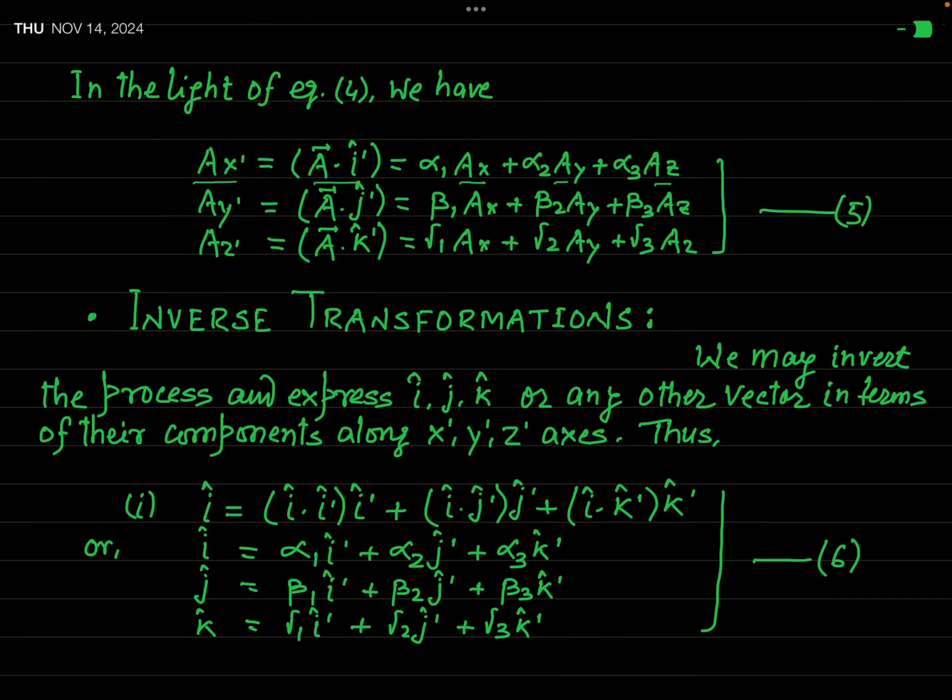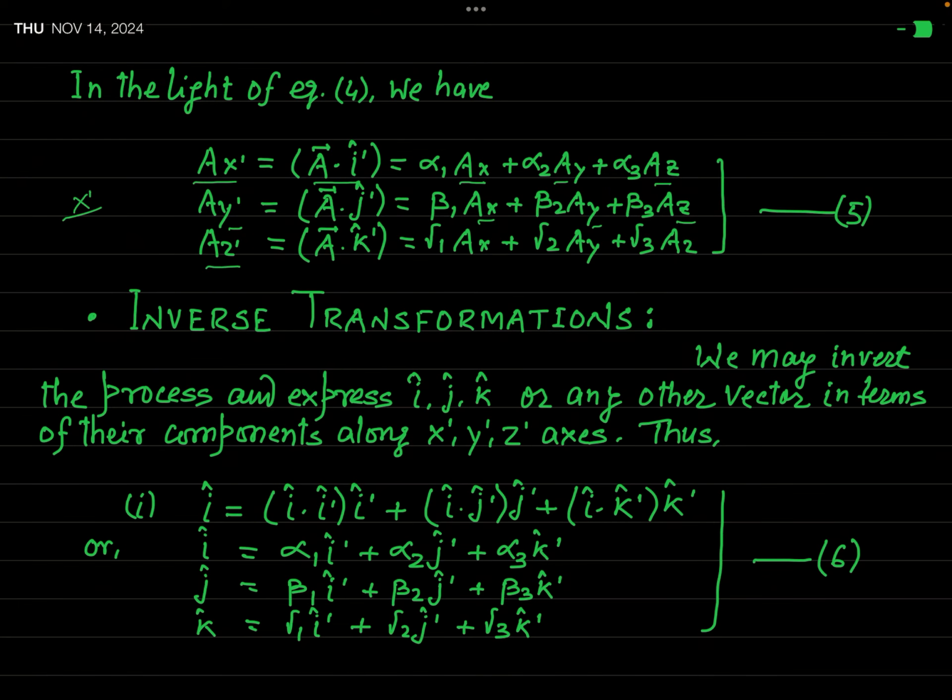Here I have again assumed that these alpha 1, alpha 2, alpha 3 are the direction cosines of this x dashed axis with respect to the x, y and z axes. In a similar manner, Ay dashed will be equal to A dot J dashed, and that is expressed as beta 1 Ax plus beta 2 Ay plus beta 3 Az.